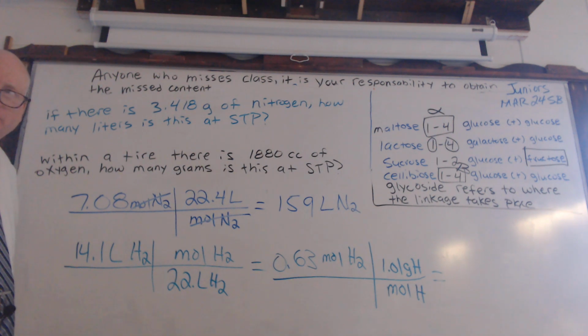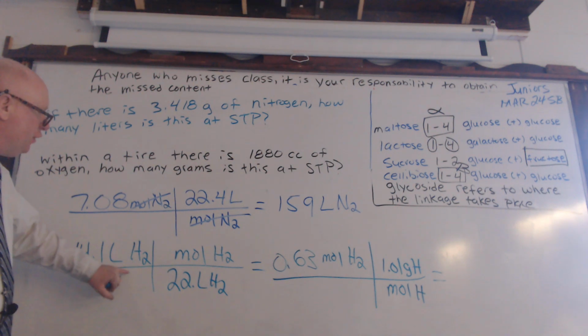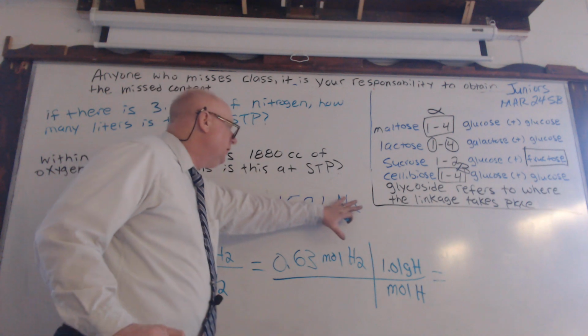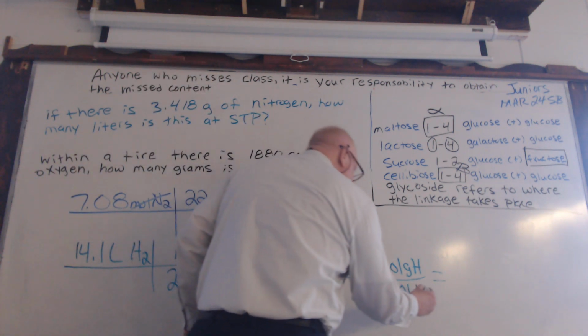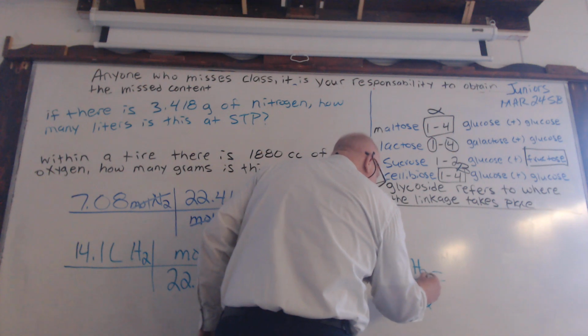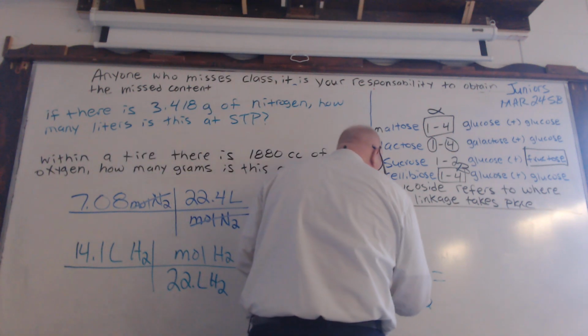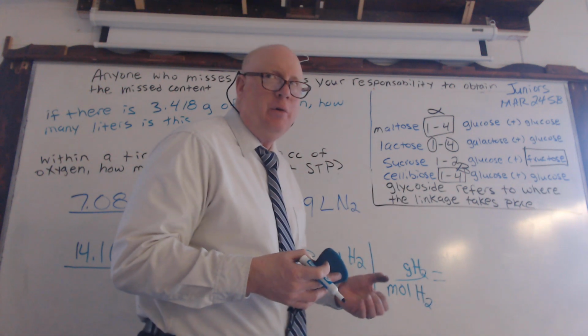Because you've got to put it on the bottom of H2. And you should, even if you're not looking for the mass, because we're not looking for the mass here, even though you're not, you should always carry that, okay? You should always carry it. Then I always like to say, no matter how heavy it is, always carry it.